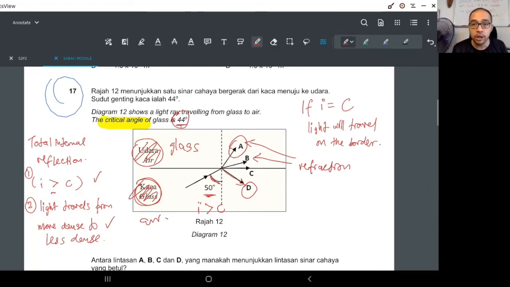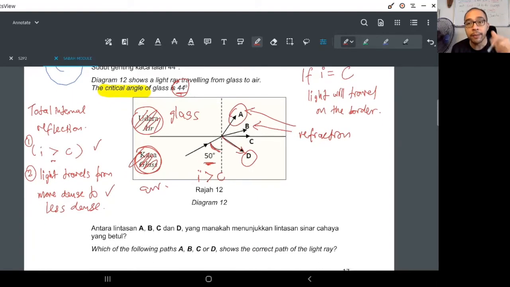But let's not talk about refraction yet. Let's talk about this one. Critical angle only happens in one subtopic, which is total internal reflection. When you think about total internal reflection, you need to think about the two syarat. Incident angle mesti melebihi critical angle, baru dia akan reflect. Kedua, cahaya itu must be moving from a more dense to a less dense situation.